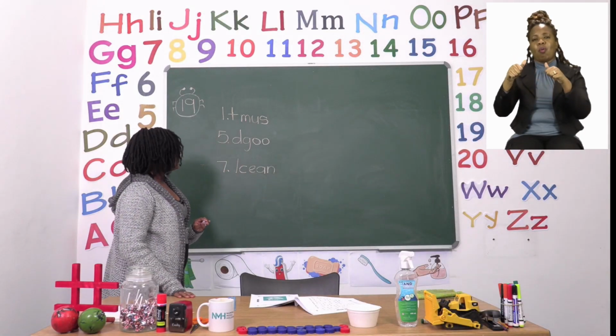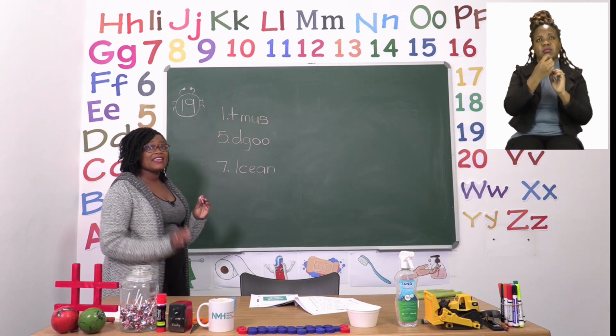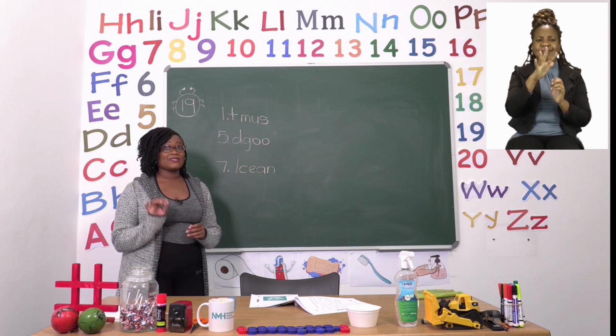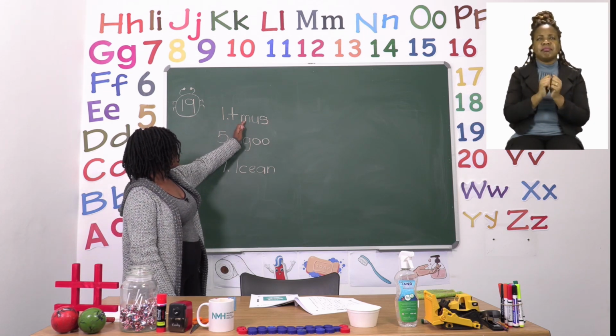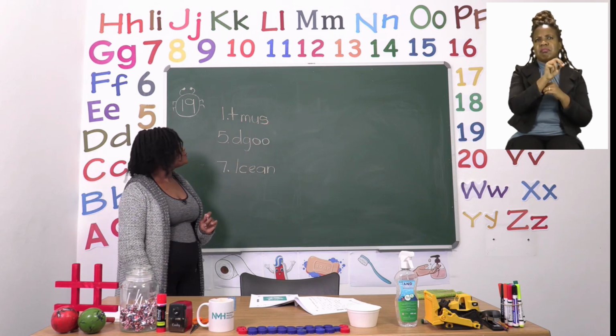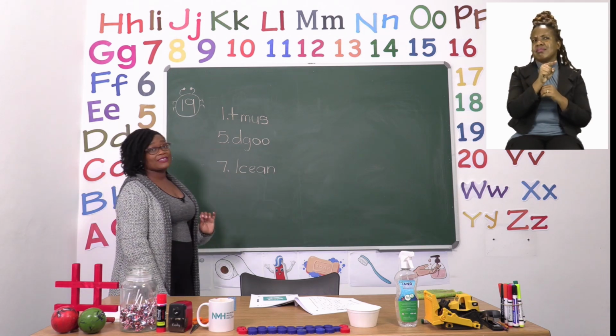On the board, I have written number 1, number 5, and number 7, but they are not in their correct order. So we need to spell these words correctly. The first one has a T, M, U, and an S. So we need to find out how we're going to first unscramble the letters.